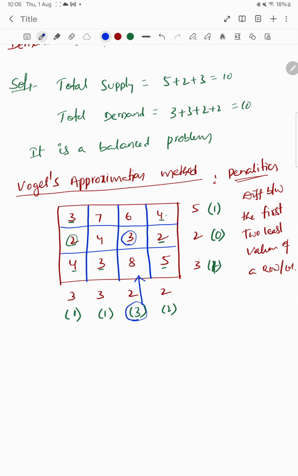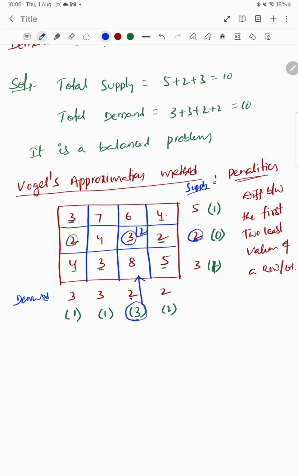For this 3, the corresponding row supply is 2, and the corresponding demand is 2. Out of these two, the least one should be allocated. Here it is 2, here it is 2. We have the same value, so we can allocate 2 here.